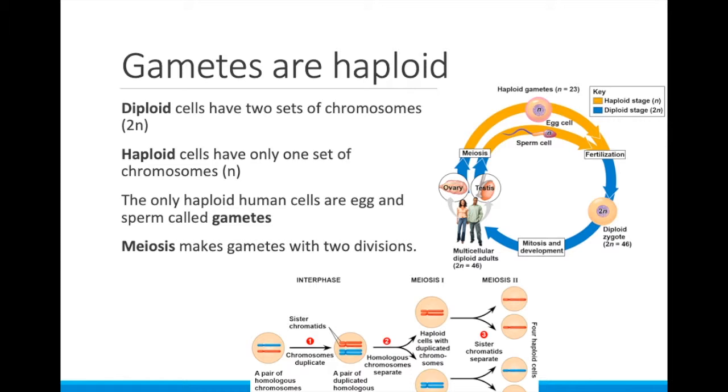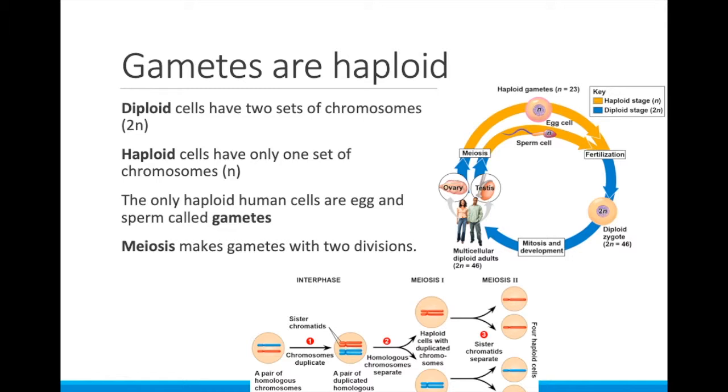So gametes are something called haploid. This means that they have half of the set of chromosomes, or one set, half of the total number of chromosomes. Eggs and sperm are the only gametes that we make. Another type of cell is called diploid. Diploid is all of the rest of your body cells that have two sets of chromosomes.